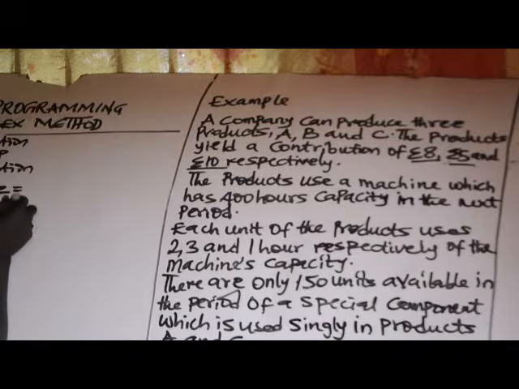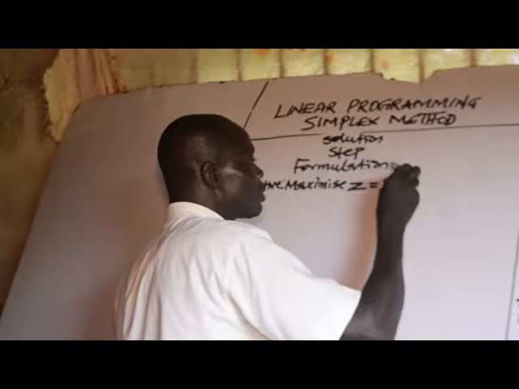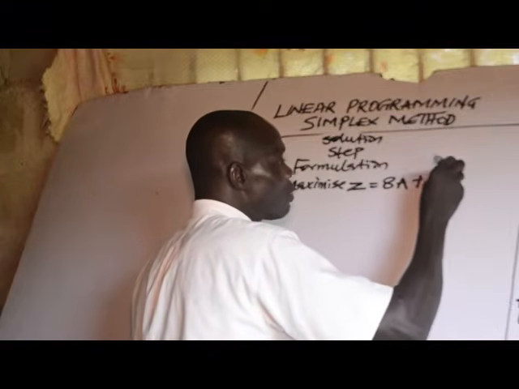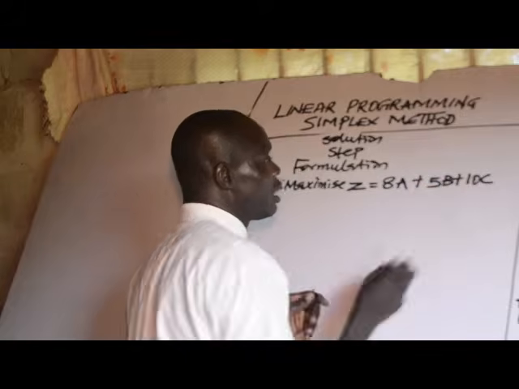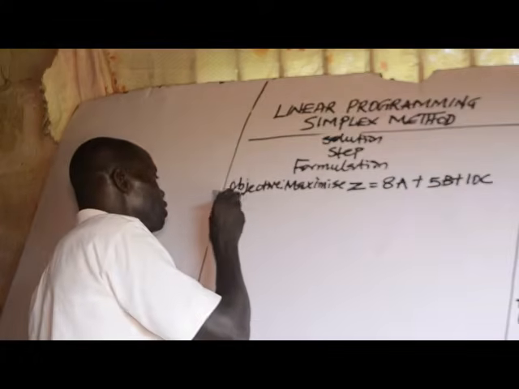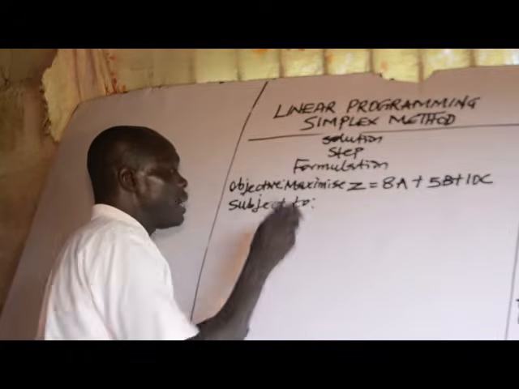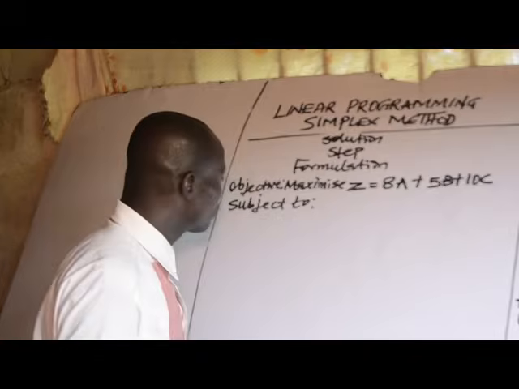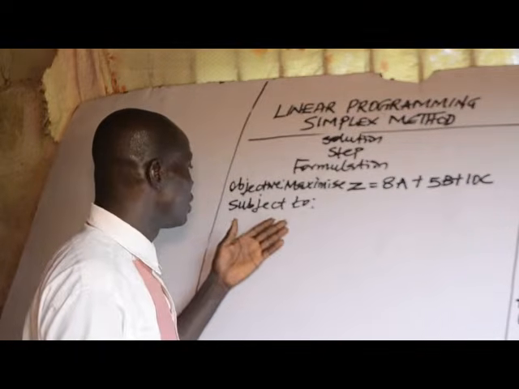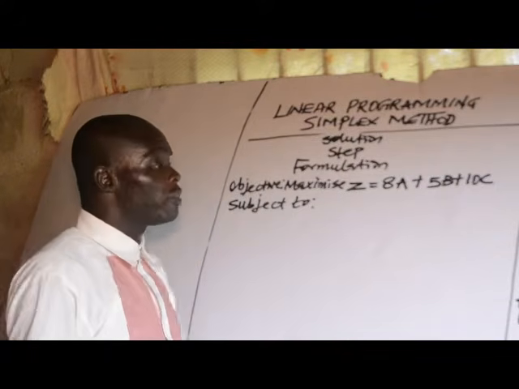So, you have 8A plus 5B plus 10C. That is the objective function. Then the next thing is your constraint. We put subject to. For better understanding of formulation and how to solve linear programming using other methods I've considered, I will advise you go over my previous videos.